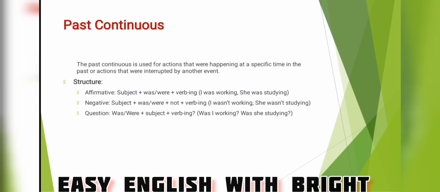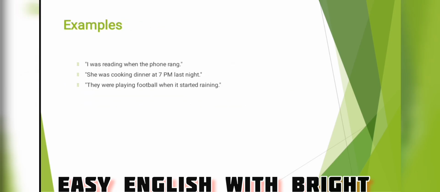Was she studying? Examples: I was reading when the phone rang. She was cooking dinner at 7 p.m. last night. They were playing football when it started raining.